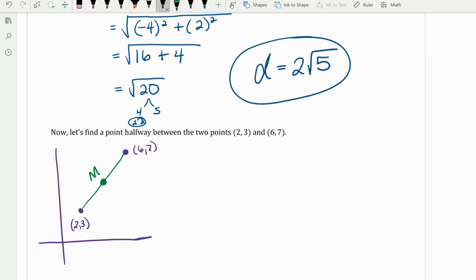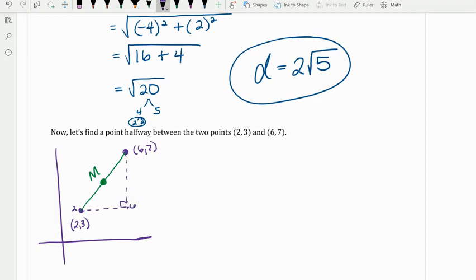I can again draw in that right triangle and think about the x values and the y values. So remember your horizontal down here, that's our x values. And here the x value is 2, and over here on the right side, the x value is 6.